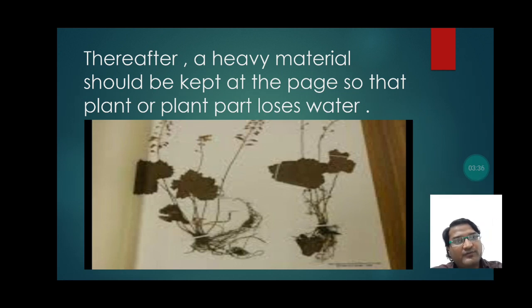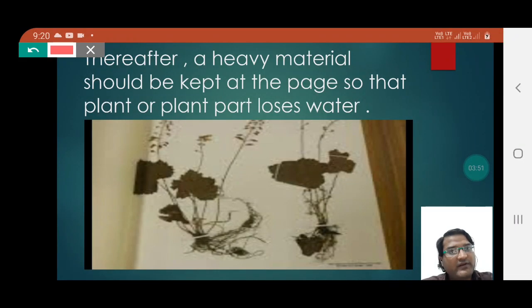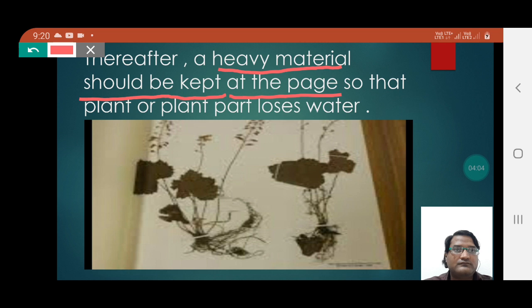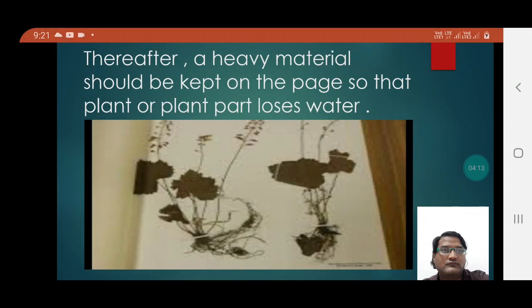Student, it is the second most important step for making a herbarium, and that is a very heavy material should be kept, and this heavy material should be kept at the page, so that plant and plant part loses water.